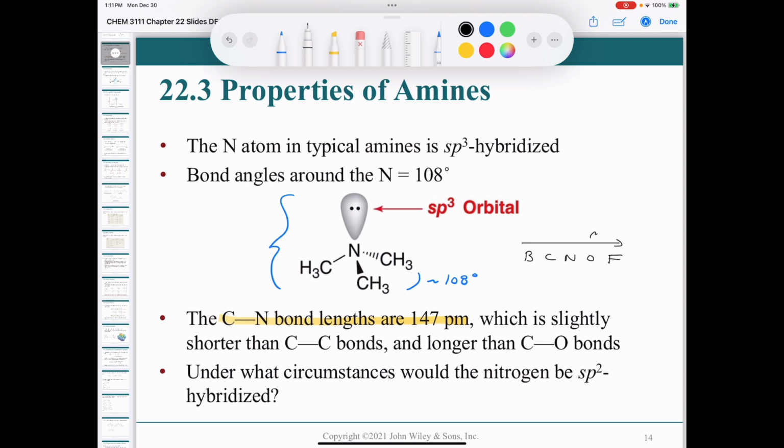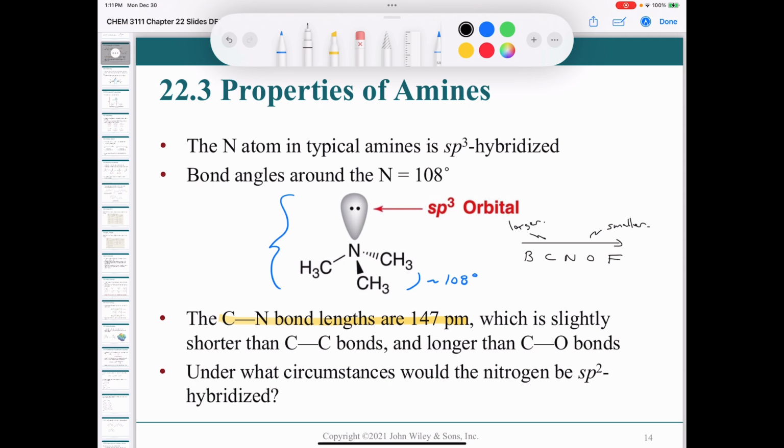So oxygen is smaller and carbon is larger, and that's because of effective nuclear charge, and I'm not going to go into all that right now, but that's why the carbon-nitrogen bond is going to be longer than a carbon-oxygen bond, but shorter than a carbon-carbon bond.